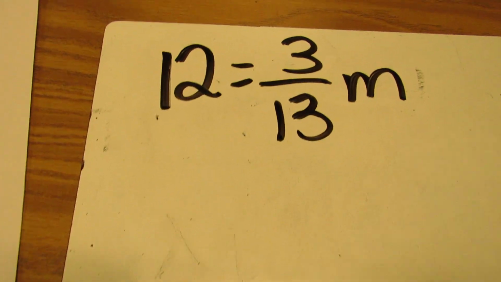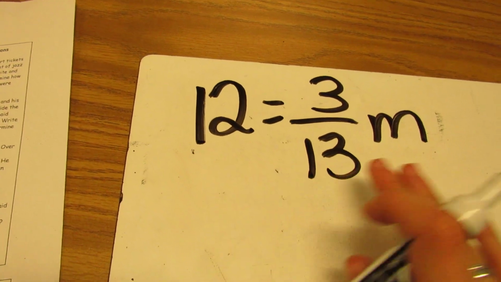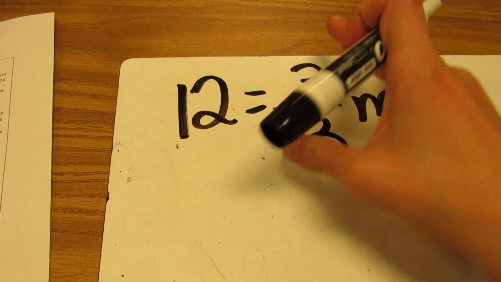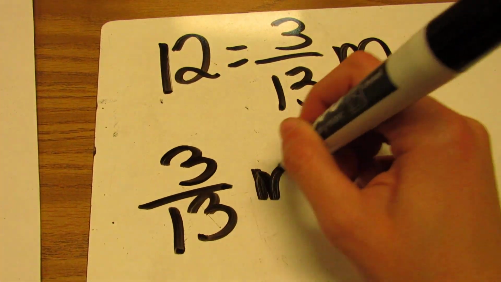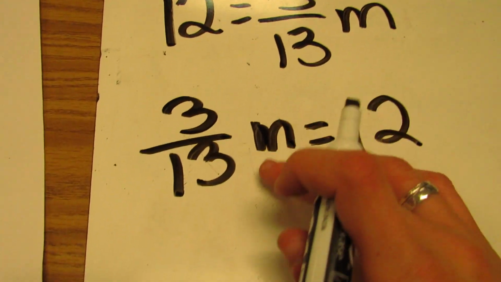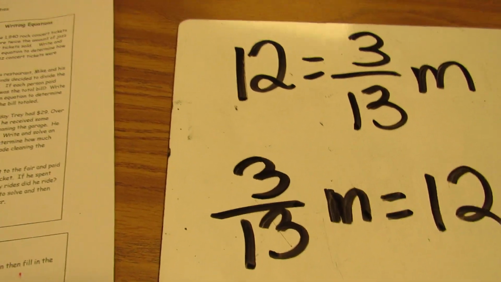If this is 12 is equal to 3 over 13m, I can also rewrite this with the variable on the left side. So if I put this term here, 3 over 13m is equal to 12. This is the same thing as that expression. So you guys can see that I still am multiplying, but this is a fraction.